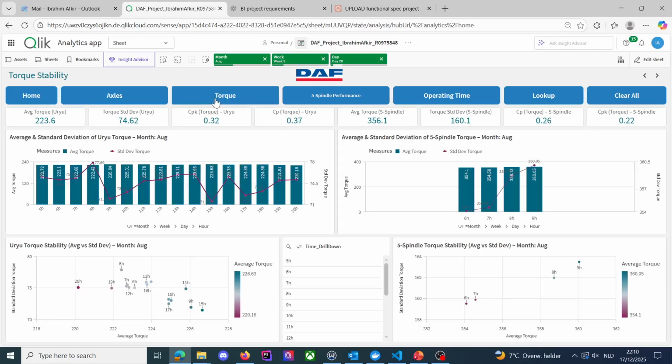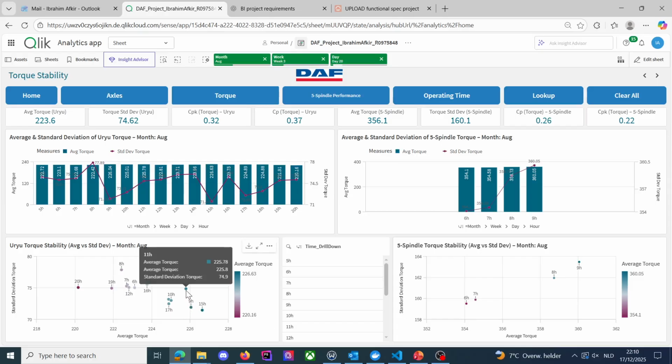Next one is torque stability. We are covering the average and standard deviation of the torque, and we also have CPK and CP for the torque, and we can also see it in these charts over here.